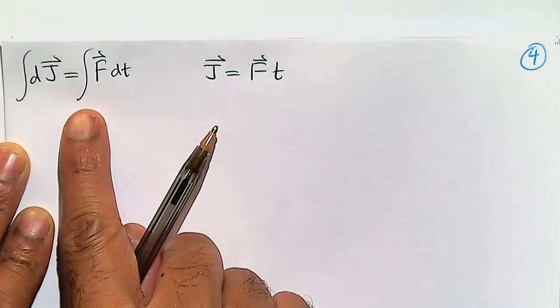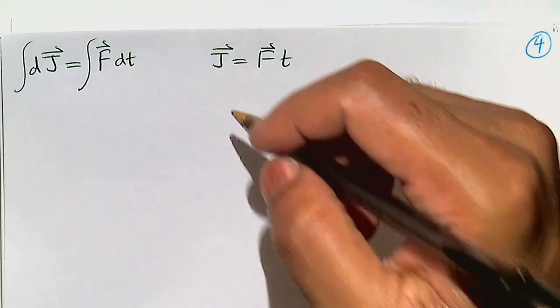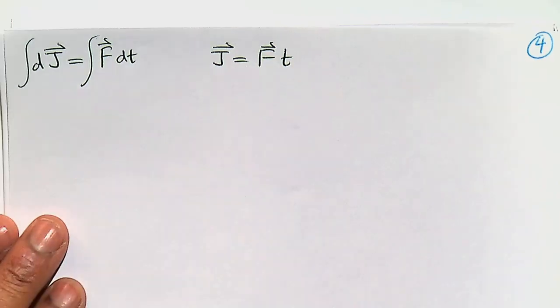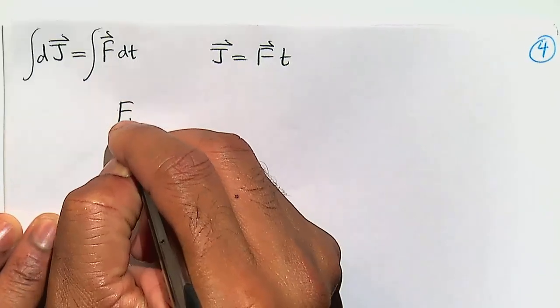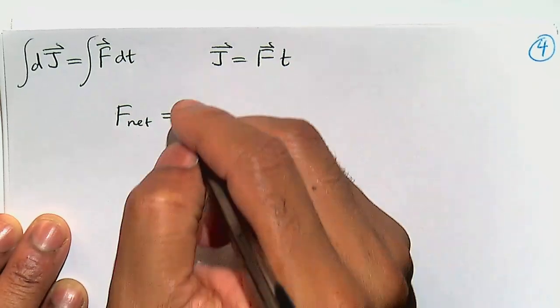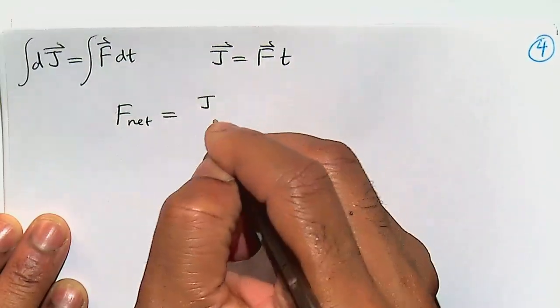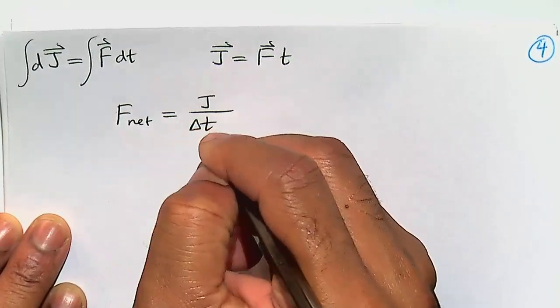The integral allows you to deal with more intricate situations, but in this case, we have an impulse and we have a net force, the net force acting on this car, taking the impulse and dividing it by the time, the delta t.